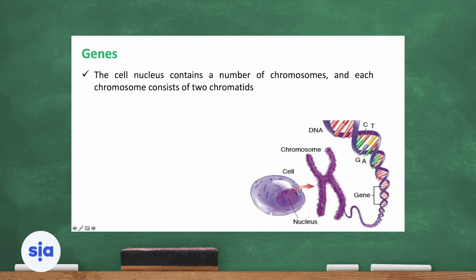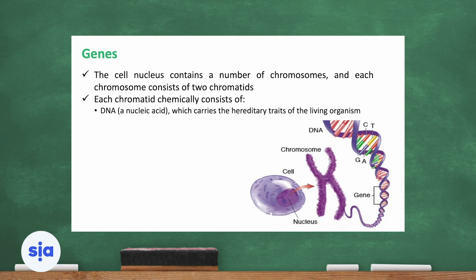This one is a chromatid and this one is another chromatid, and they are attached together at the center. Each chromatid chemically consists of DNA, which carries the hereditary traits of the living organism, and also some proteins.